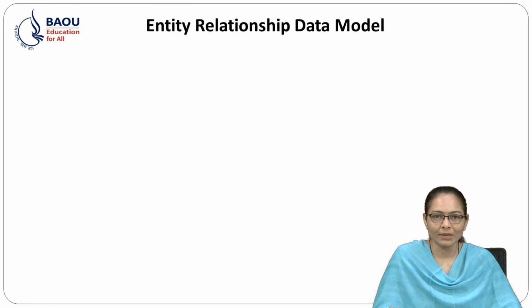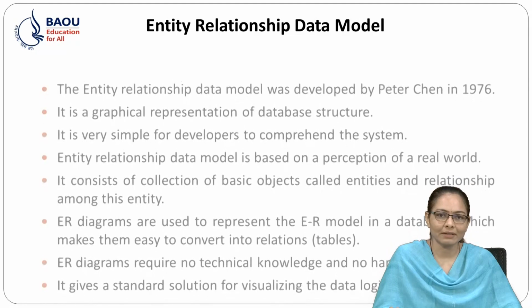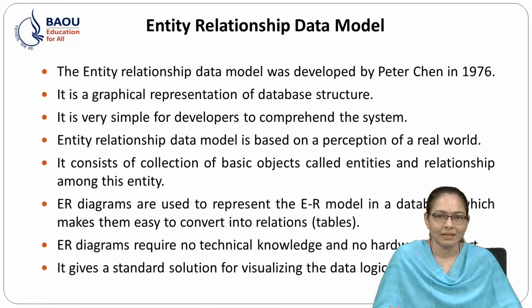Now we are going to start with the entity relationship data model. What is the ER data model? The entity relationship data model was developed by Peter Chen in 1976. It is a graphical representation of the database structure, means the database structure is presented using a diagram.